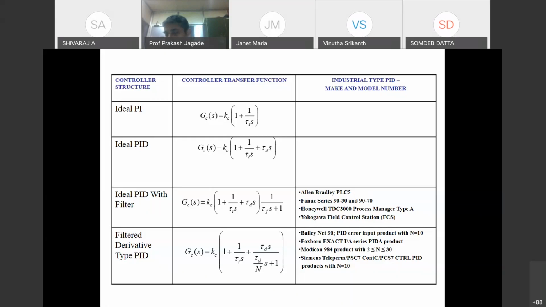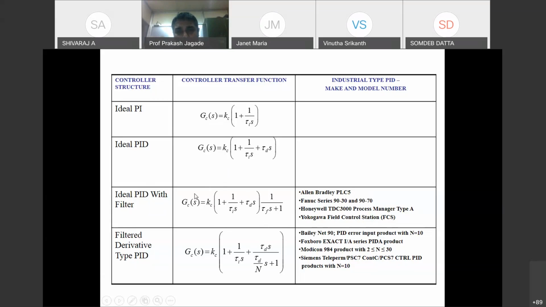By adding a lag filter, 1 by tau f s plus 1, in series with an ideal PID, we are able to obtain a realizable PID controller transfer function. Here the degree of the numerator polynomial is 2 and the degree of the denominator polynomial also is 2. As a result, this transfer function is physically realizable, and it has been named ideal PID with filter.